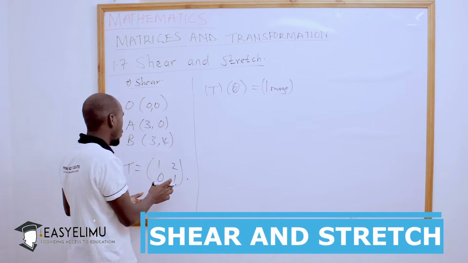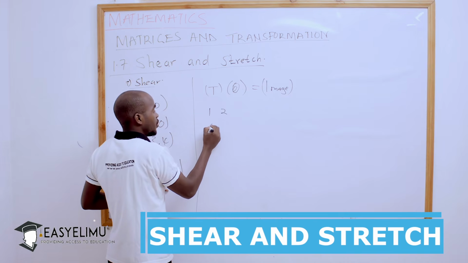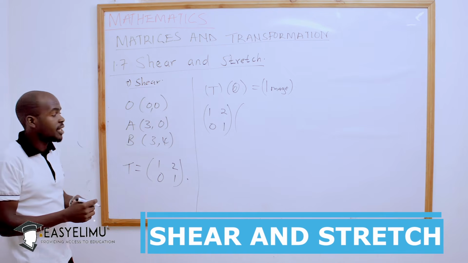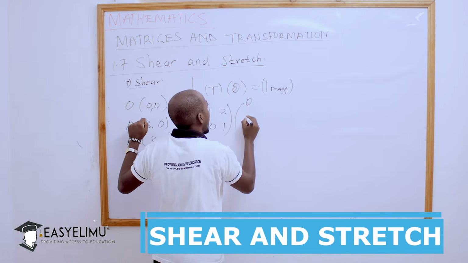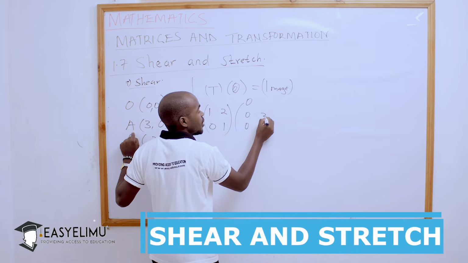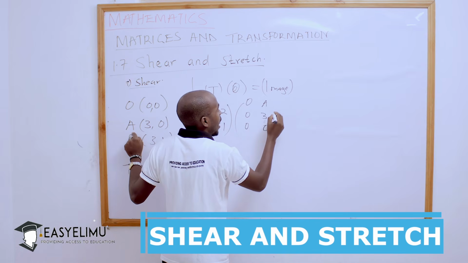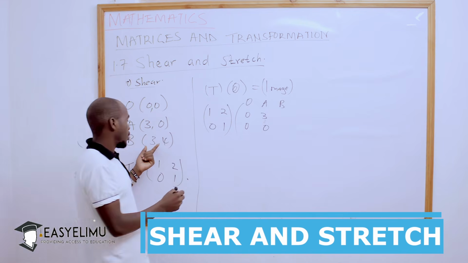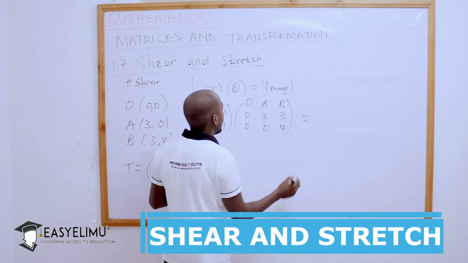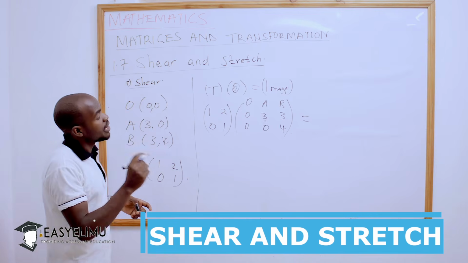So for instance here, we have the shear transform given as 1, 2, 0, 1. We are going to multiply it by the object coordinates which we know. For the O, we have 0, 0. For A, we have 3, 0. And for B, we have 3, 4. If we do that, we are going to get the image coordinates.